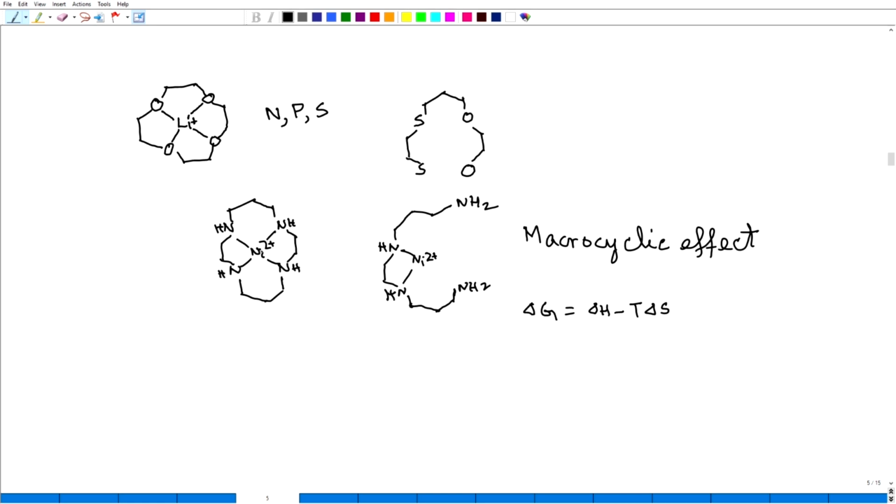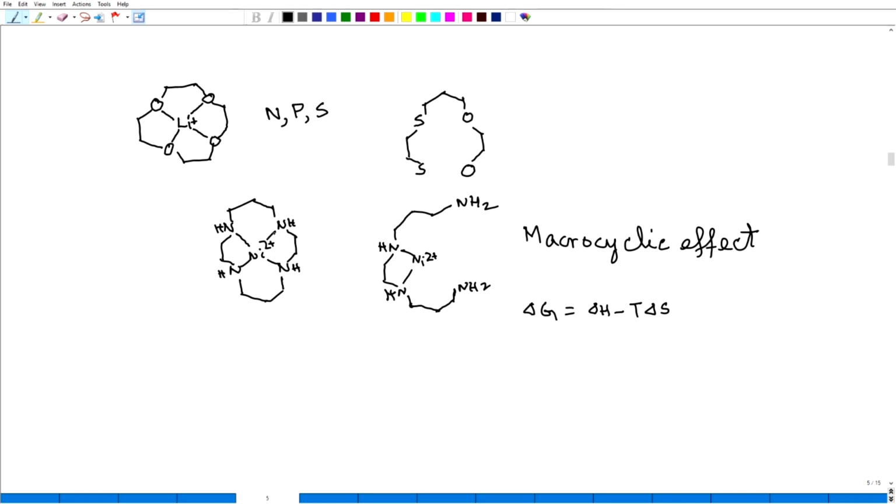How do you recover nickel 2 plus here? You have to cut. Suppose I cut this somehow, but then this amine cannot run away because this macrocycle is already there. So, immediately it will bind like this. So, how can I get the nickel out?